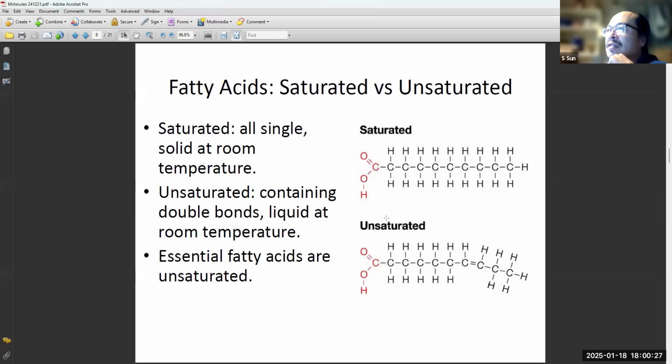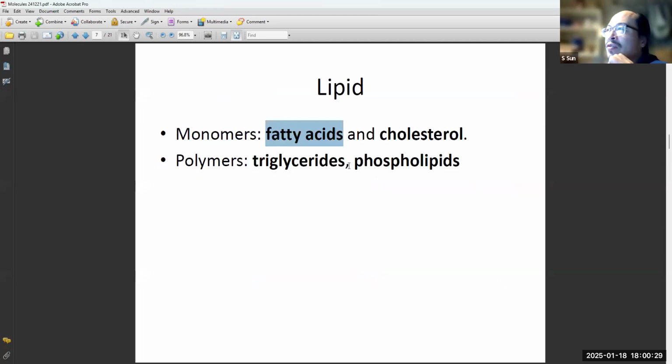And so for the polymer, two fatty acids form the phospholipids. Phospholipids are formed by how many fatty acids? The answer is two. Triglyceride is formed by how many fatty acids? Answer, three. And it provides you here the 'tri'. Okay, so this one is two fatty acids. This one has three fatty acids combined together, forming the polymer. So that's that.